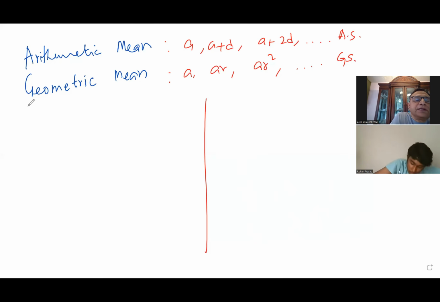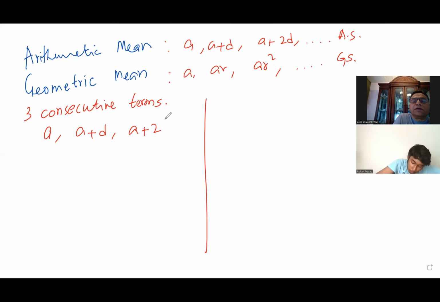So if we take 3 consecutive terms, then how are they related? How are the terms a and a plus 2d related to the term a plus d?